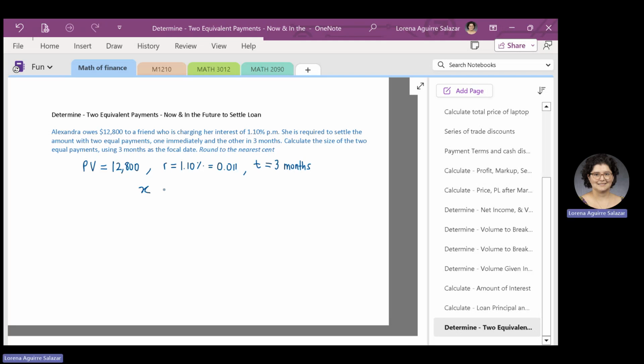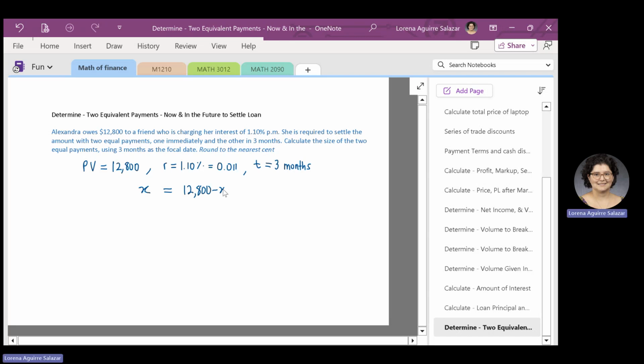Then Alexandra makes a payment of X dollars at the beginning, and that should match what she pays later on to settle the debt. If she makes a payment of X dollars immediately, she still needs to settle 12,800 minus X dollars of debt after 3 months.